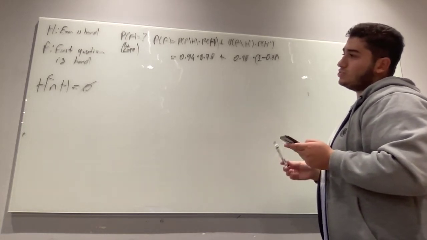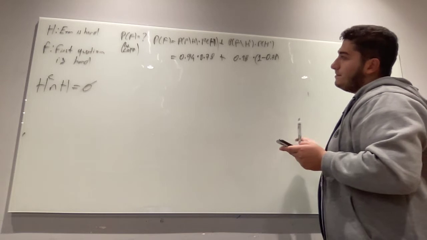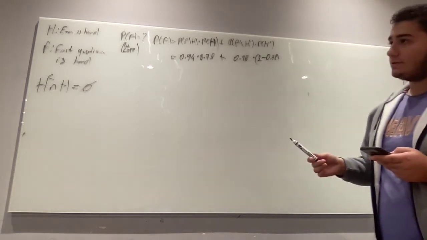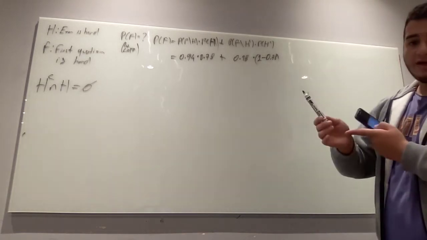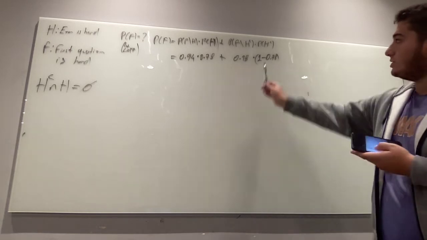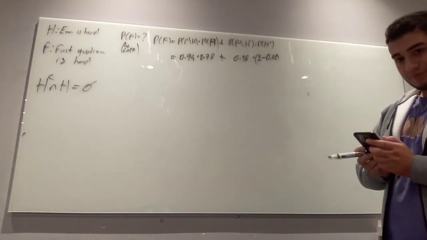Events that constitute a partition have unions equal to the sample space, and we have only two events, exam is easy or exam is hard, so 1 minus 0.78.